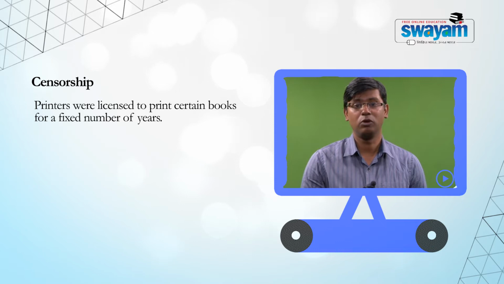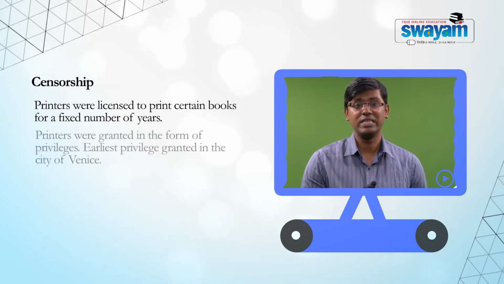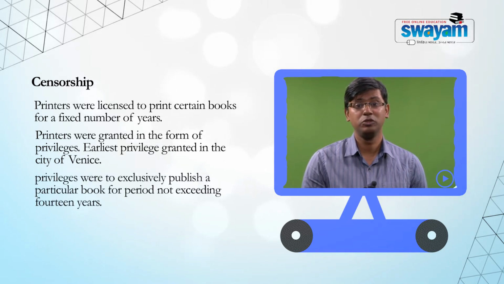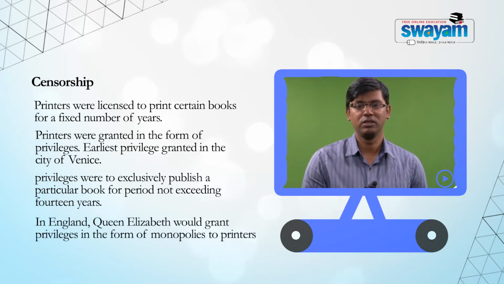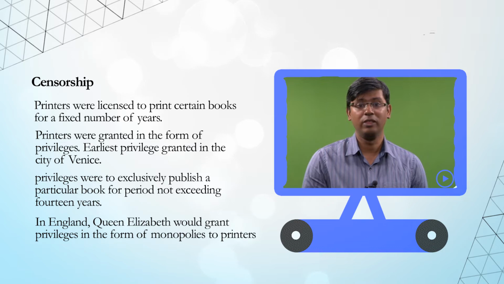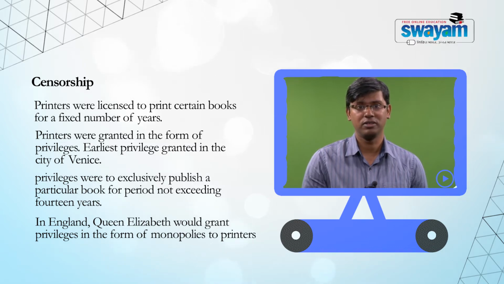These were granted in the form of privileges. The earliest privilege was granted in the city of Venice. These privileges would usually be granted to printers to exclusively publish a particular book for a period not exceeding 14 years. In England, Queen Elizabeth would grant privileges in the form of monopolies to printers.